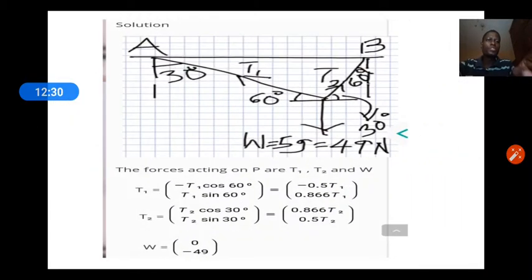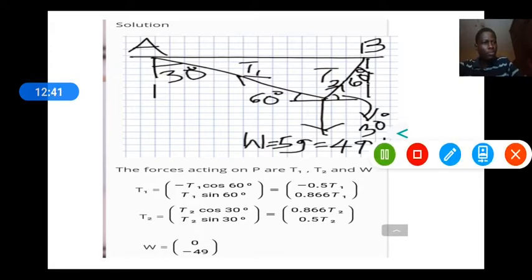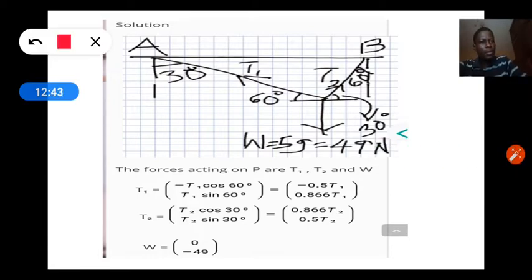Good. So this is a sketch of that. We are told that an object P, so this is our object P. Let me show with my pen, my object P is here, of mass 5 kg. That's why you see this mass.